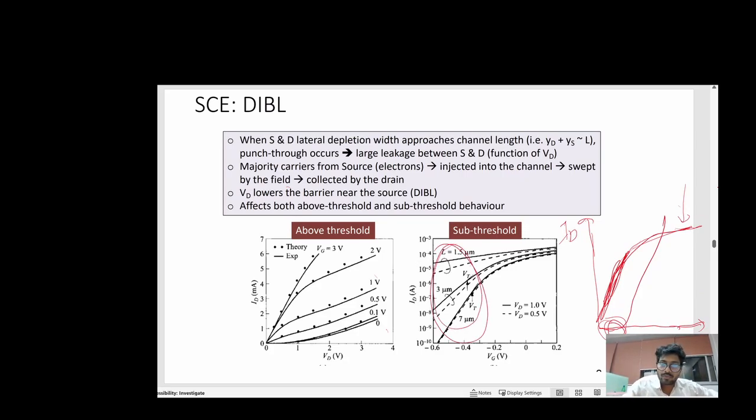So if you reduce the channel length, it is shown 1.5 micrometer, 3 micrometer, and 7 micrometer. If you reduce the channel length, your leakage current will be more. The subthreshold current will be very high. Got the point?